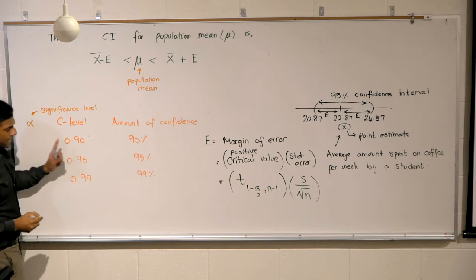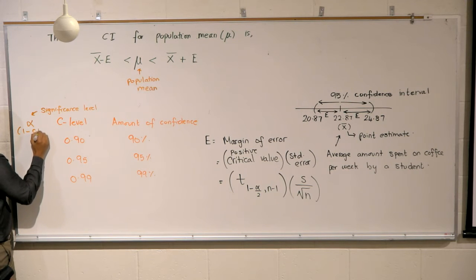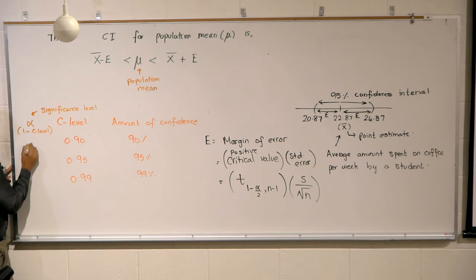So 1 minus 0.9 is 0.1. 1 minus 0.95 is 0.05. 1 minus 0.99 is 0.01.